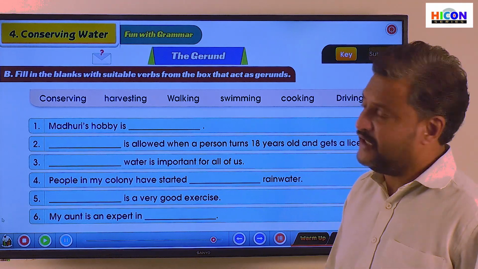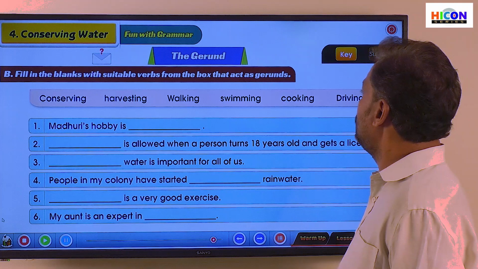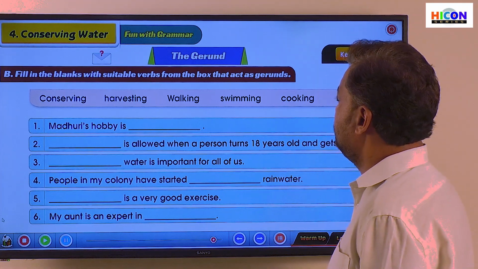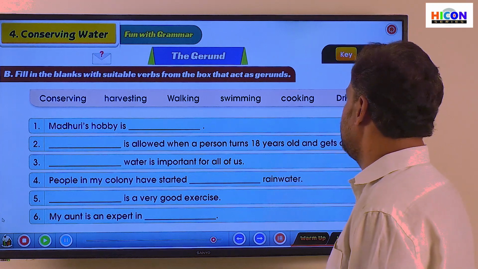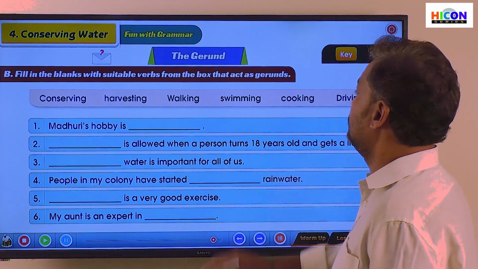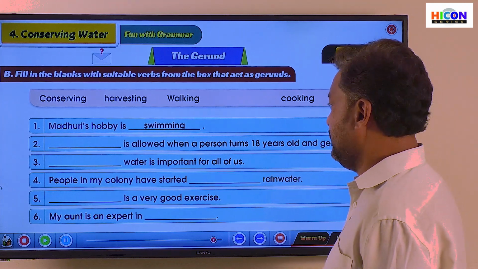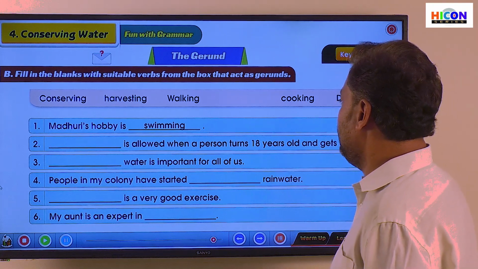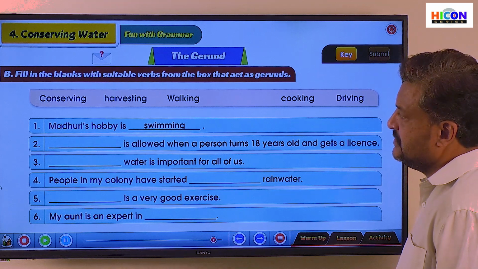Okay. So Madhuri's hobby is what? What can be a hobby there? Conserving is not a hobby. Harvesting, no. Walking, no way. Swimming can be a hobby, isn't it? Yes, swimming. Madhuri's hobby is swimming. Dash is allowed when a person turns 18 years old and gets a license.